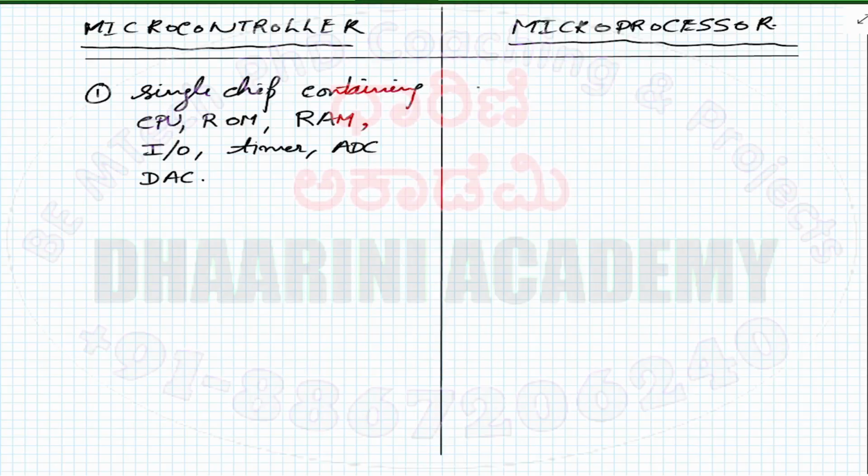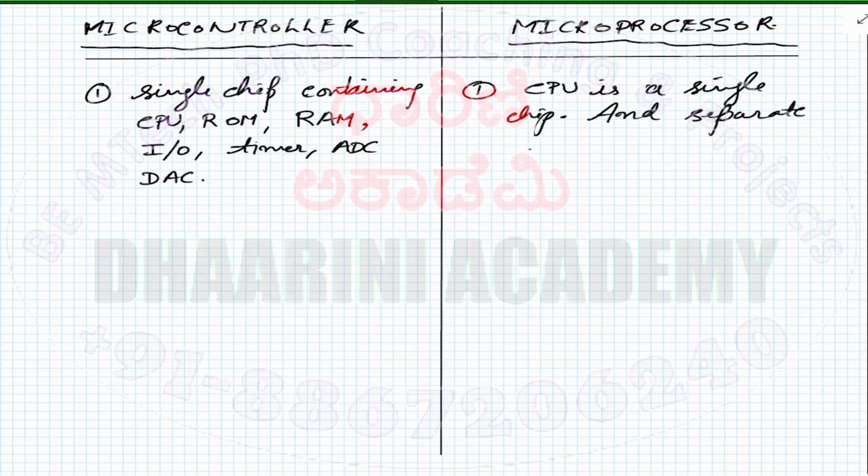Okay, when it comes to the microprocessor, only the CPU is present. The CPU is a single chip, and RAM is a separate chip. The ROM is a separate chip.